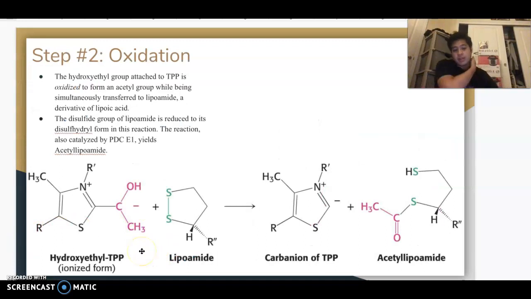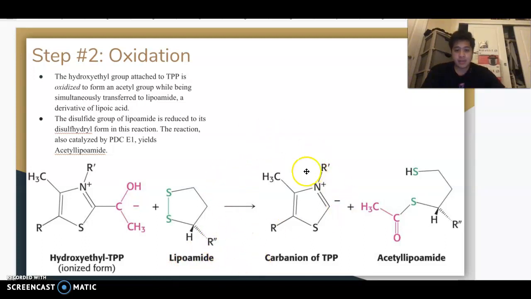So now what do we do with that hydroxyethyl TPP? It has to undergo oxidation. As you can see here, the hydroxyethyl group attached to the TPP is oxidized to form an acetyl group, while being simultaneously transferred to lipoamide, which is a derivative of lipoic acid.